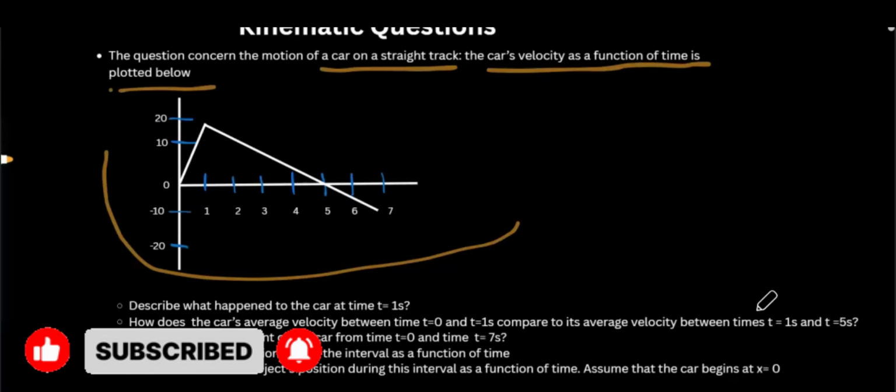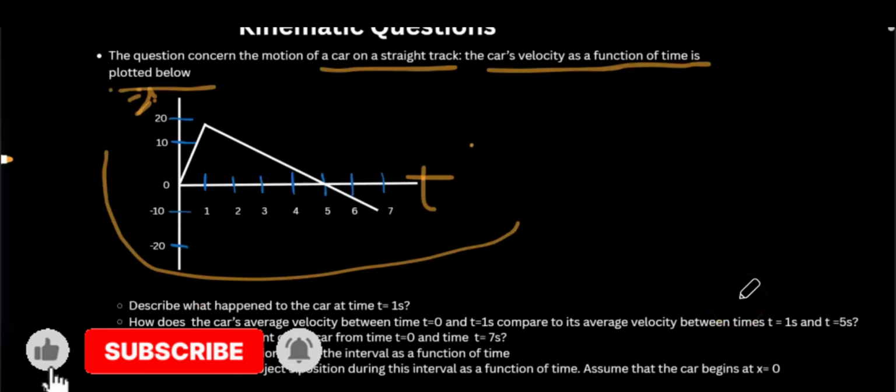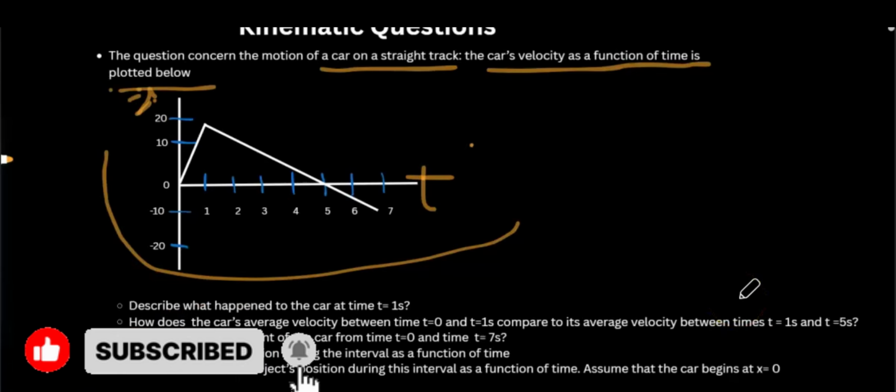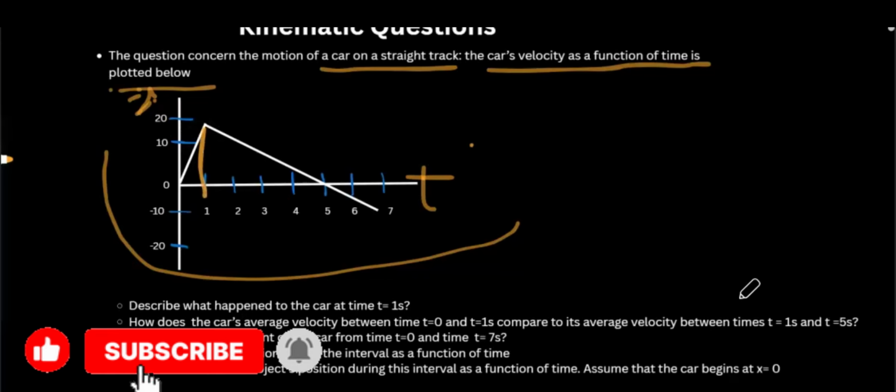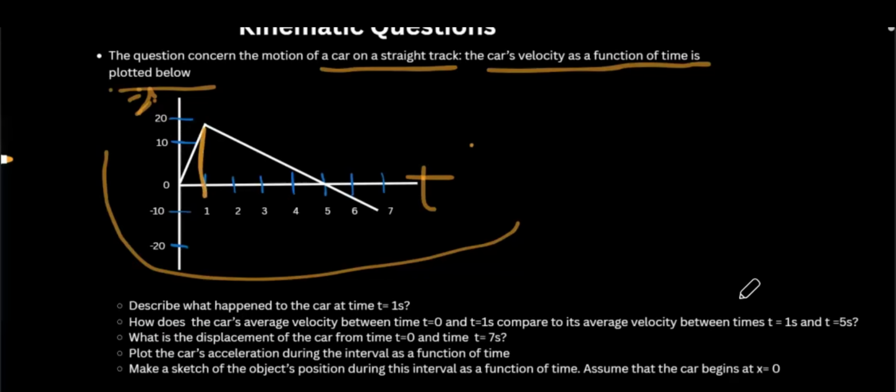So this line here is t, and the car at t is 1 second. This is 1 second here. What does it indicate? When t is equal to 1 second, the car's velocity starts to decrease, because the car started from 0 seconds here and increased its speed, but when it got to 1 second, the acceleration began to decrease.